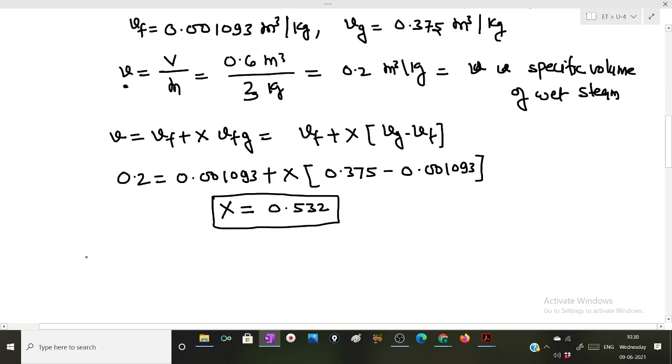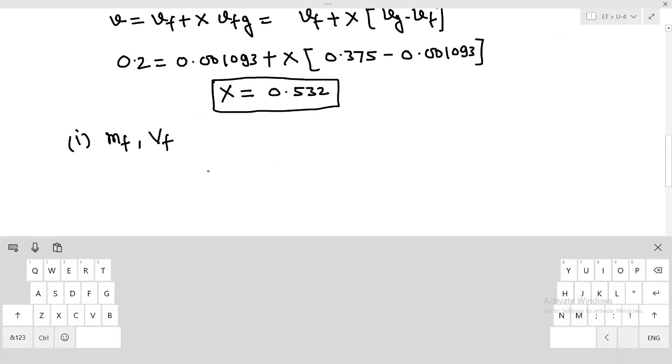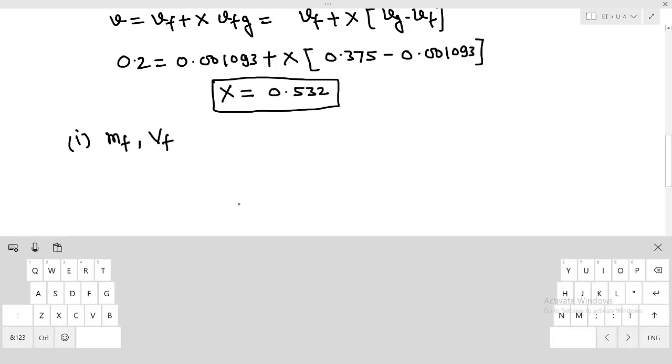So what are we supposed to calculate first? We are supposed to calculate mf and we are supposed to calculate Vf. Now we can easily calculate. How? Let us find out. So once again, I am repeating the process.